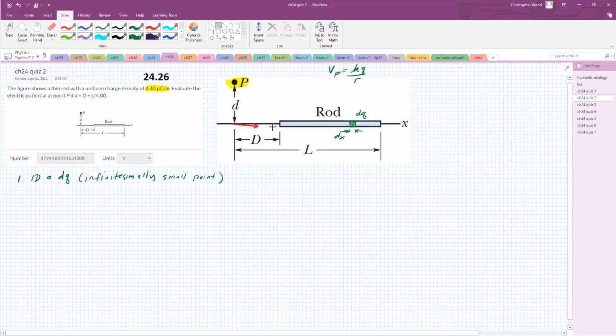I guess I'm calling that 0. This point is located at a distance x away from what I'll call the origin here, 0, 0. So I've identified a point and I've specified this point.